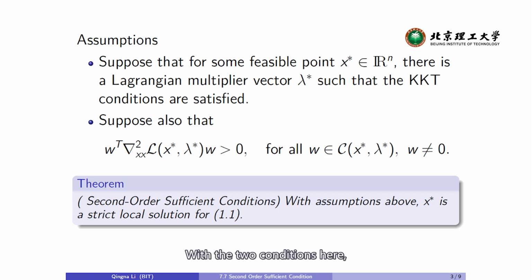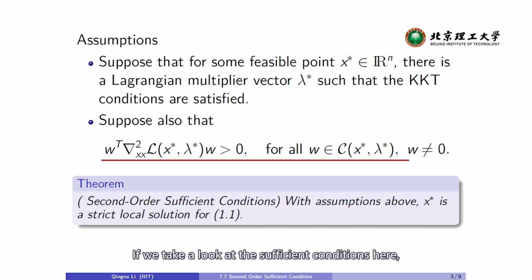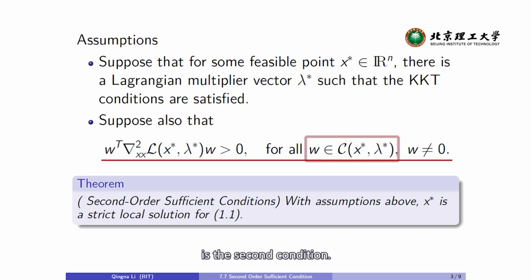With the two conditions here, we can get the conclusion that x star is a strict local minimizer of the constrained problem. If we take a look at the sufficient condition, the most important one is the second condition. Recall that in the critical cone, we characterize all those undecided directions with respect to function f.